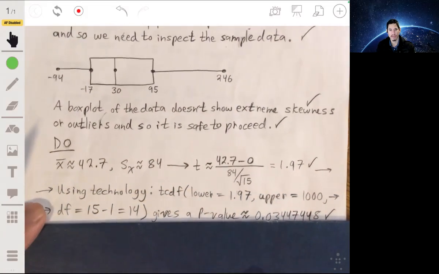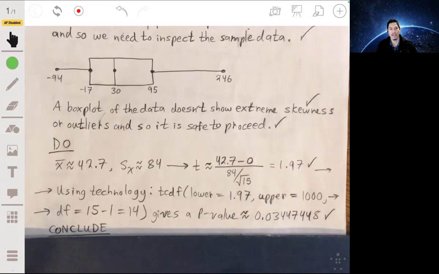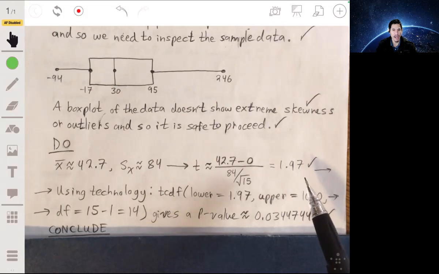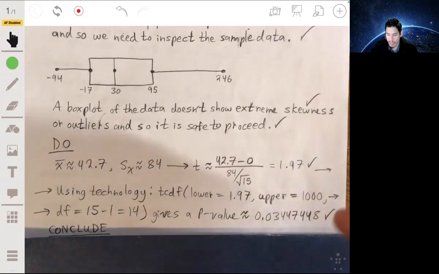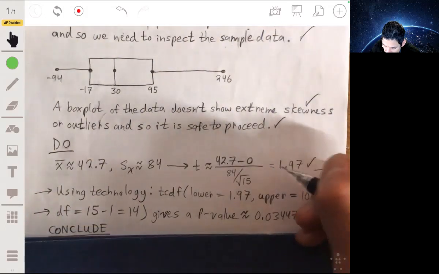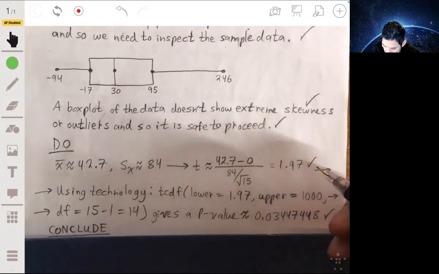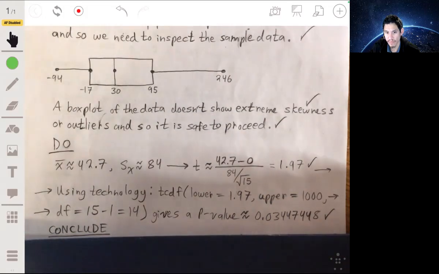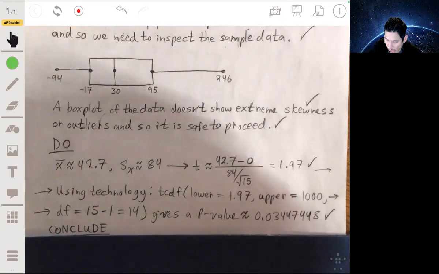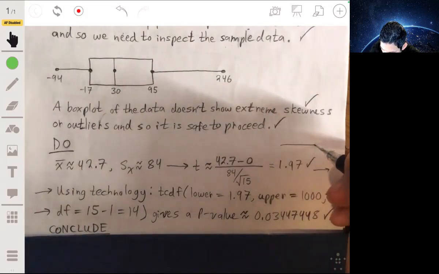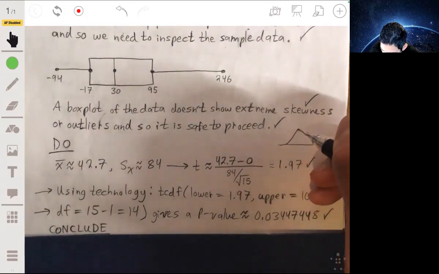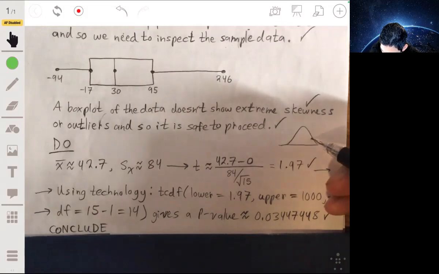Now, I'm going to use my graphing calculator again to conduct the probability of getting a T statistic this large or larger. Because remember, I want to look at the area to the right of this T statistic.